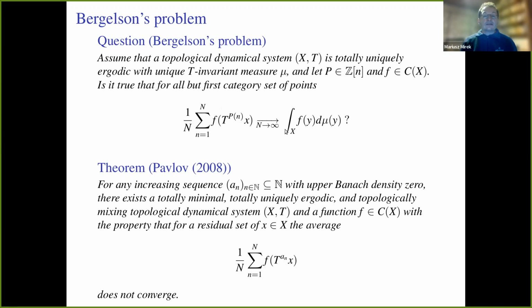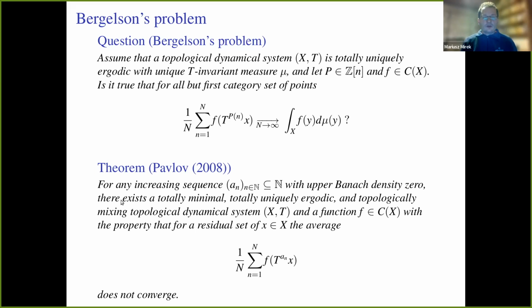This problem was open for a few years, and a counterexample to this question was provided by Ronnie Pavlov, essentially in the year 2008.